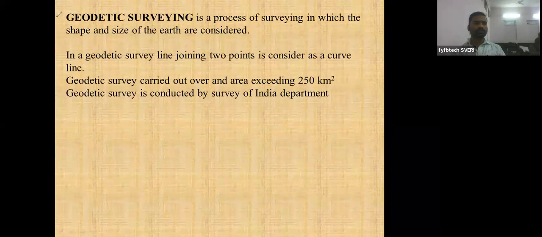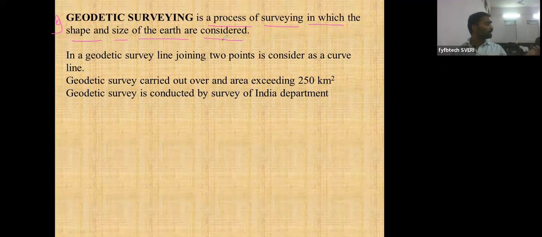Second one, B. B is geodetic surveying. Geodetic surveying is a process of surveying in which the shape and size of the earth are considered.